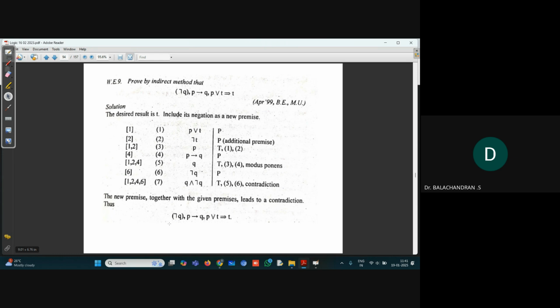So therefore, the given premises imply T. So instead of proving directly, we are using the indirect method of proof. In the indirect method of proof, we are assuming the negation of the conclusion as the additional premise, and finally we'll get a contradiction.